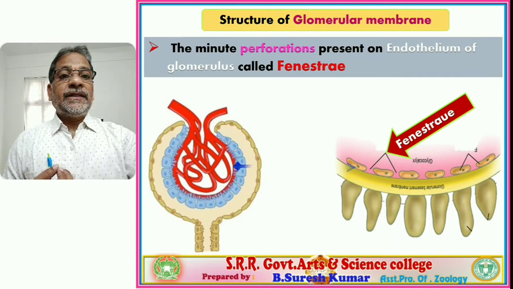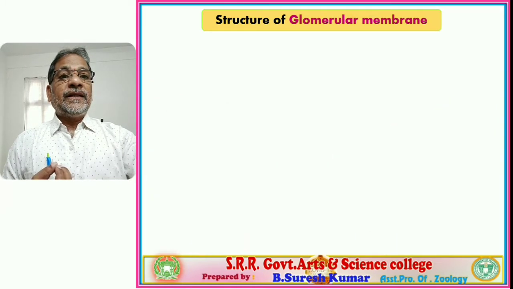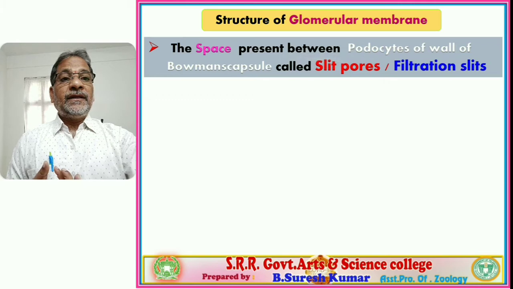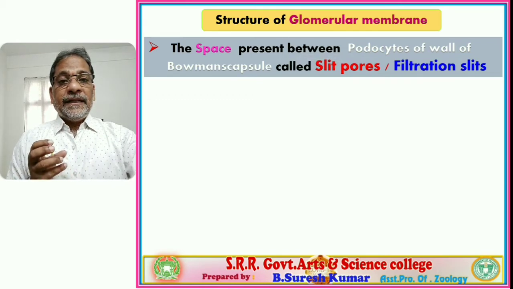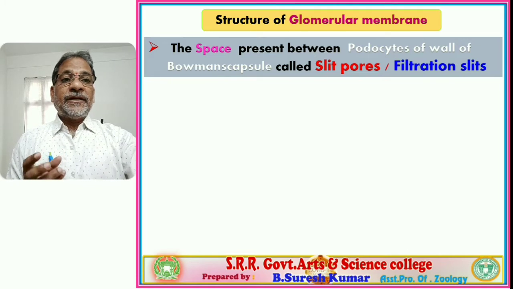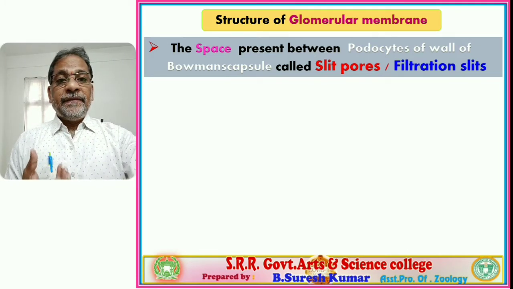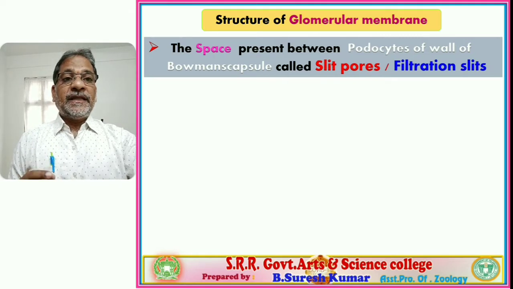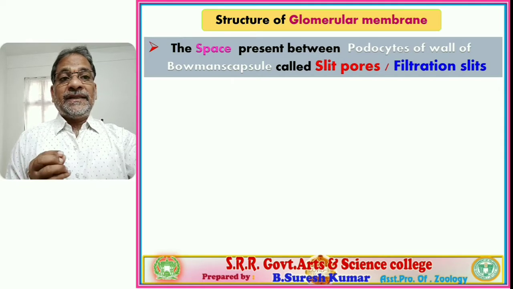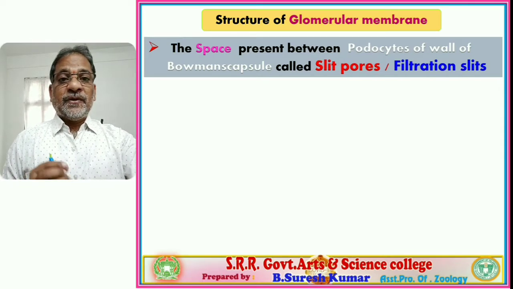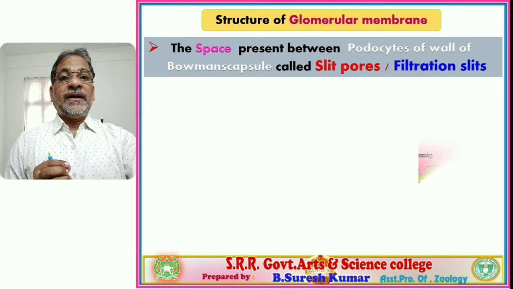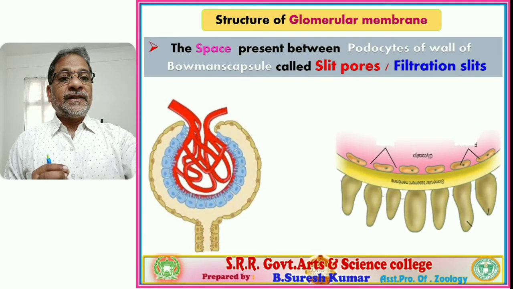Next, besides that, if we observe the wall of Bowman's capsule, specialized cells are there. They are called podocytes. The space present between podocytes of the wall of Bowman's capsule is called slit pores, otherwise filtration slits.